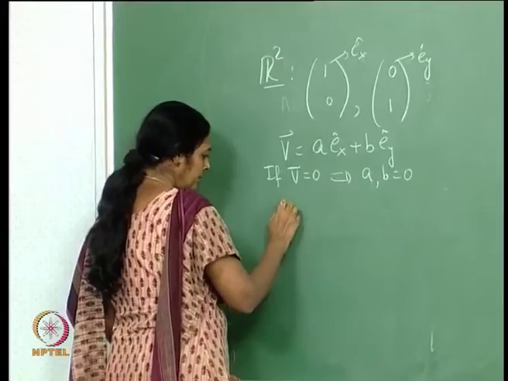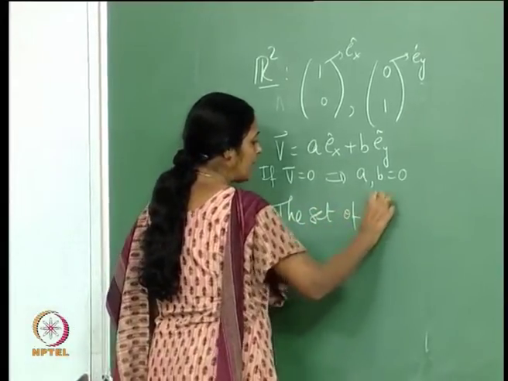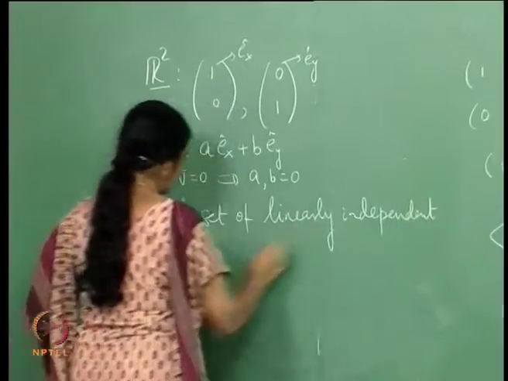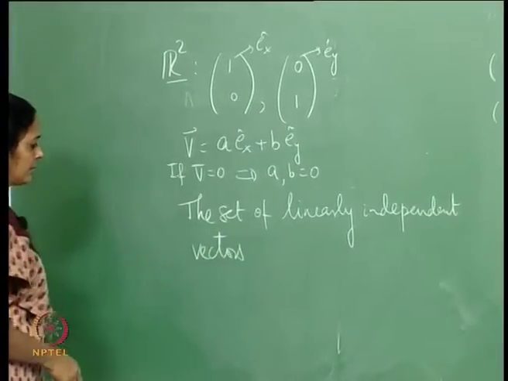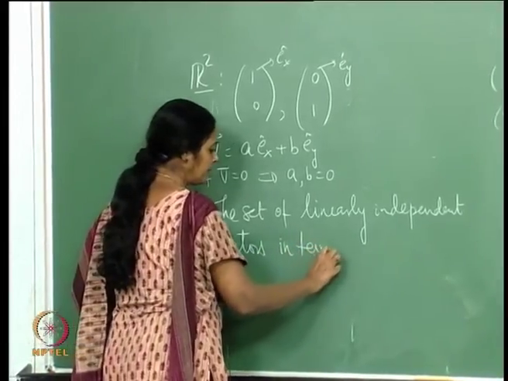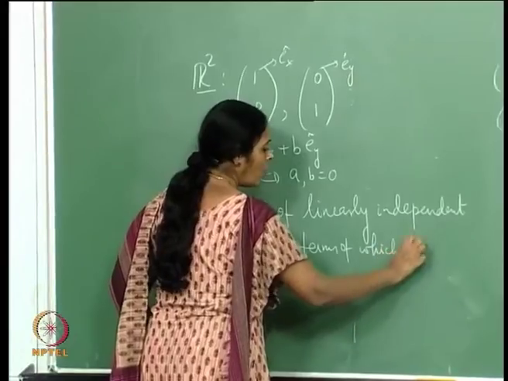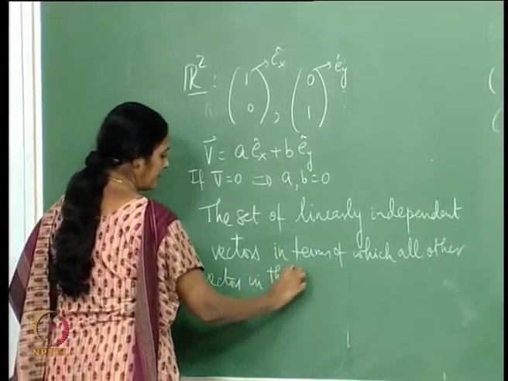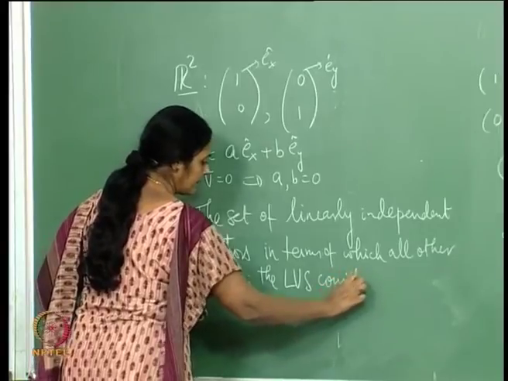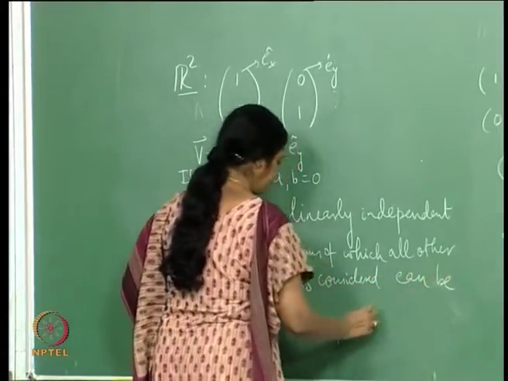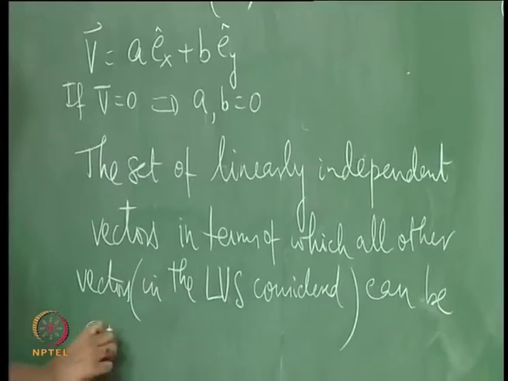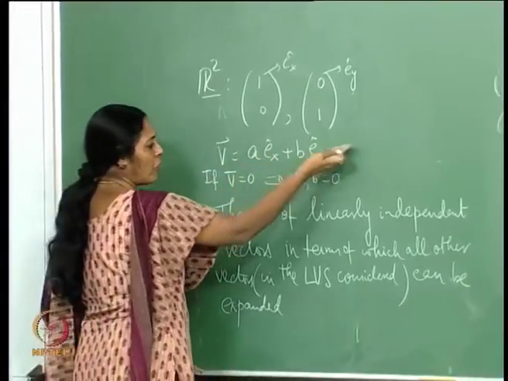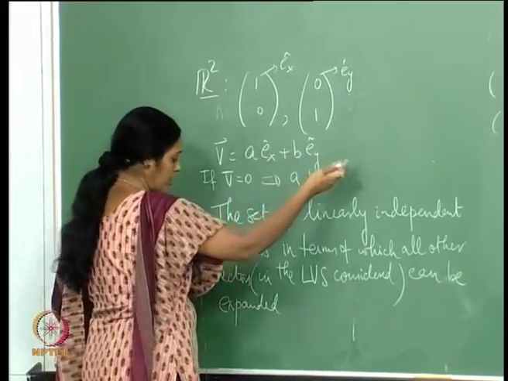Now, this set of vectors, the set of linearly independent vectors, in terms of which all other vectors in the LVS considered can be expanded, that means as a superposition, writing it as a superposition of all linearly independent vectors with coefficients a, b and so on.